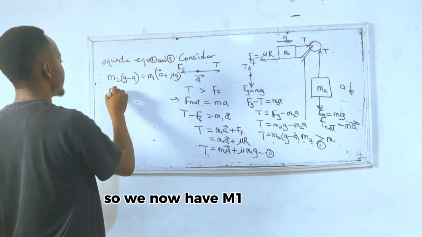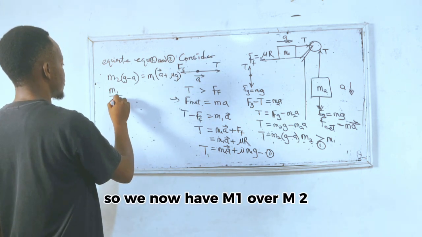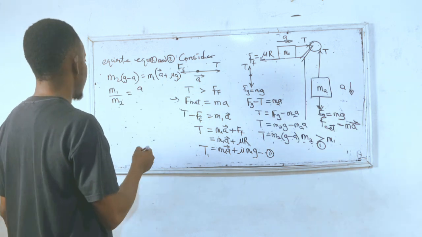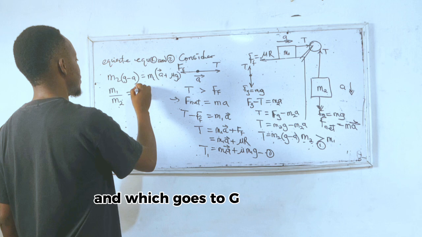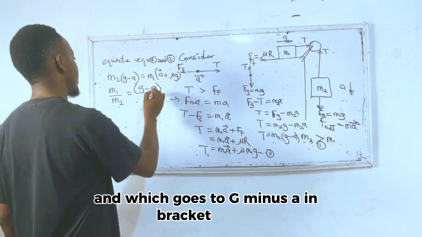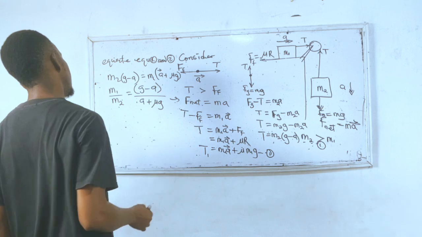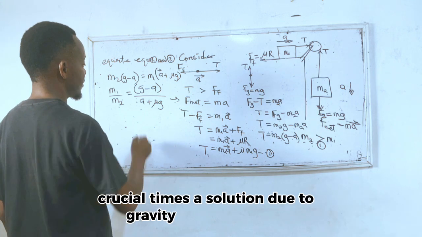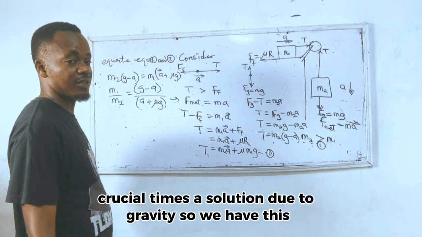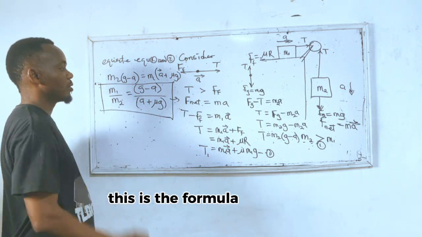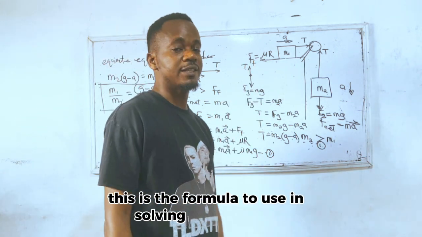So we now have m1 over m2 equal to g minus a in brackets over a plus the coefficient of static friction times the acceleration due to gravity. So this is the formula to use in solving this problem.